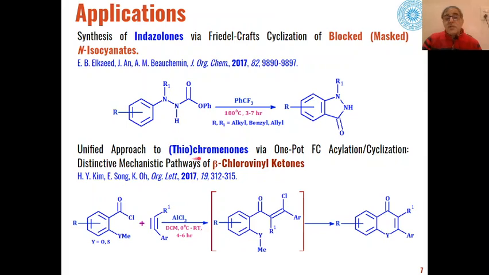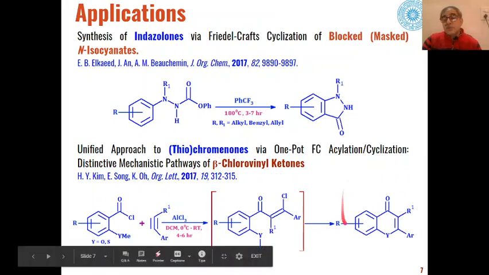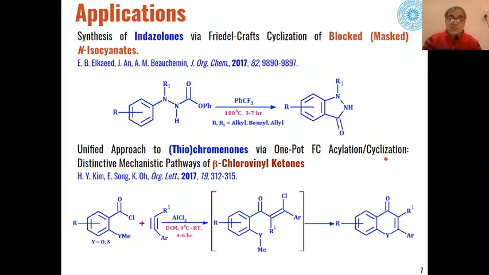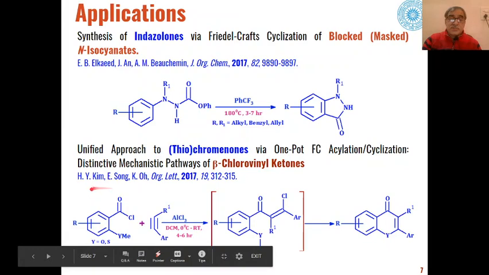Then similarly chromones or thiochromones. So chromones when this Y is oxygen, and thiochromones when this Y is sulfur. These can be synthesized via one pot Friedel-Craft acylation continued with cyclization from the beta chlorovinyl ketones of these types.